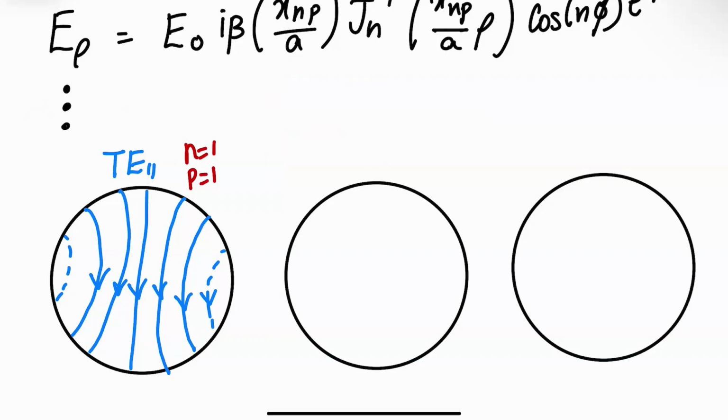In fact, Jn prime when n equal to 1 has a maximum in the middle and then decays along rho. That's why the mode looks like that. The second mode is the TM01 mode. That's the next mode that starts to propagate, and it's radially symmetric.